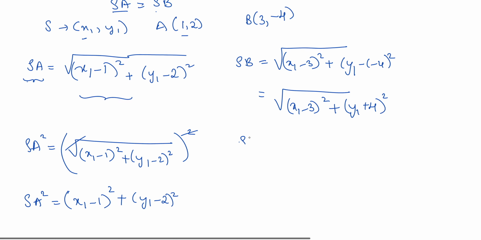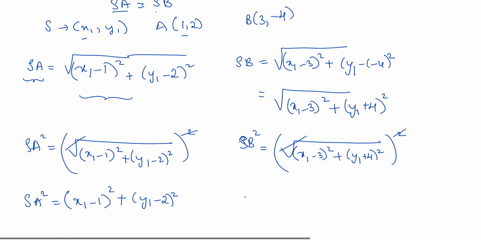Similarly for SB, we square on both the sides, and this square and this root get cancelled. So SB square is equal to (x1 minus 3) whole square plus (y1 plus 4) whole square.